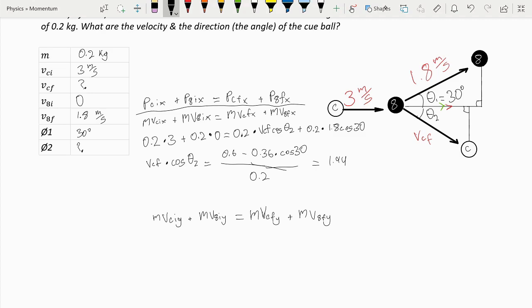So now we're just going to fill in values as we did for the x direction.